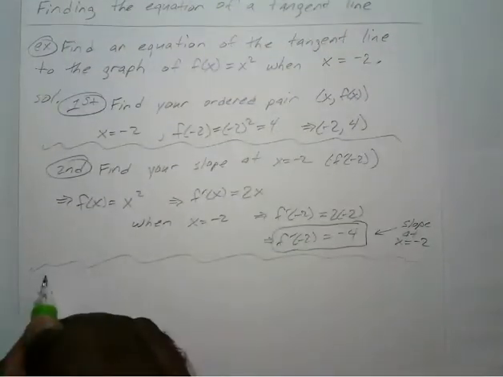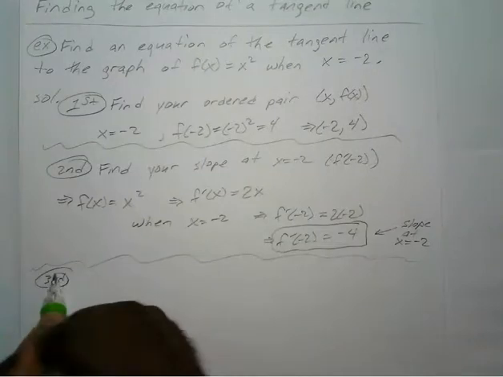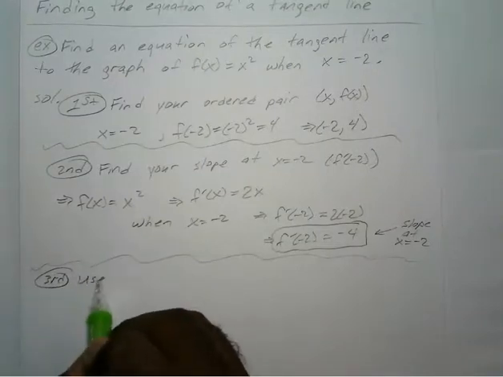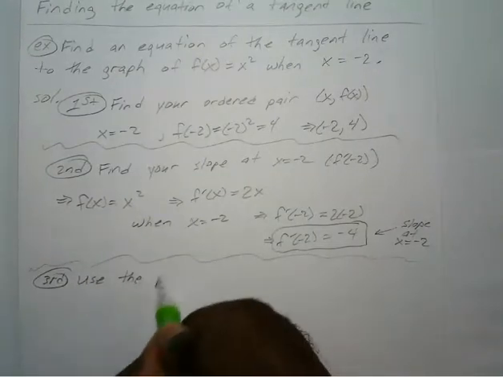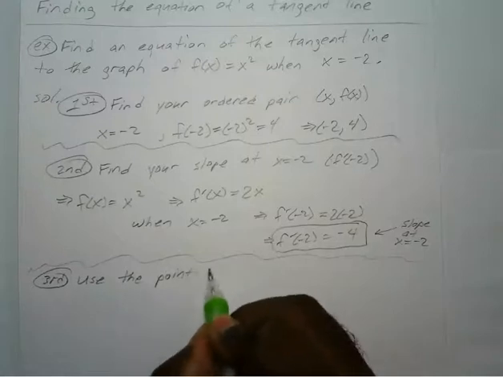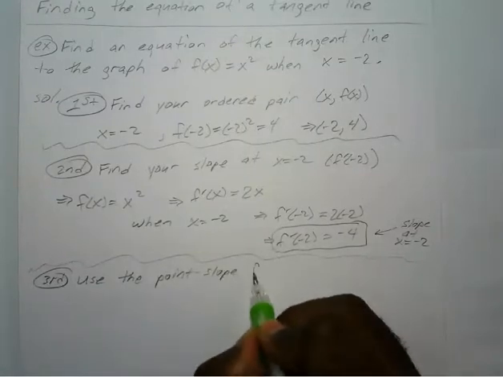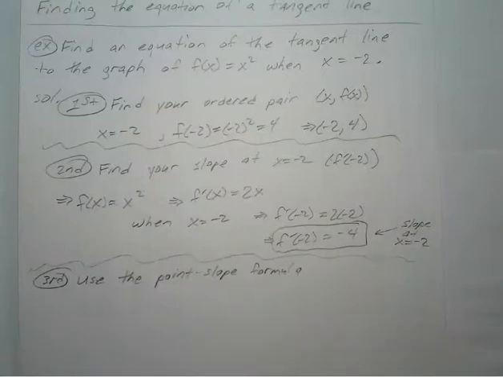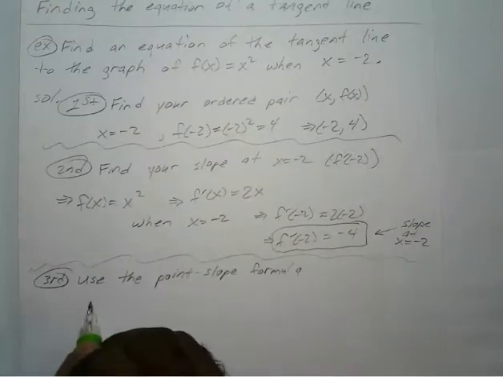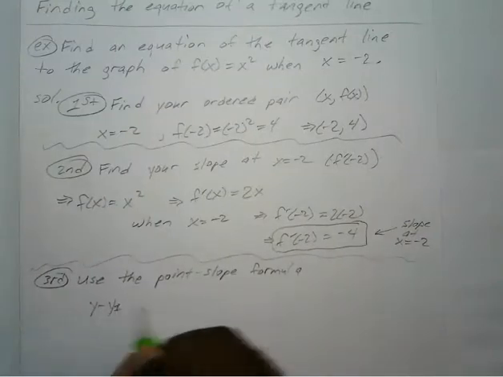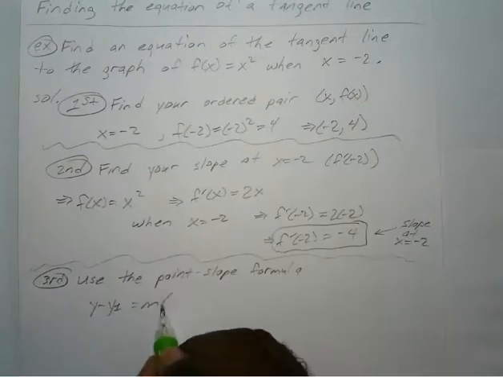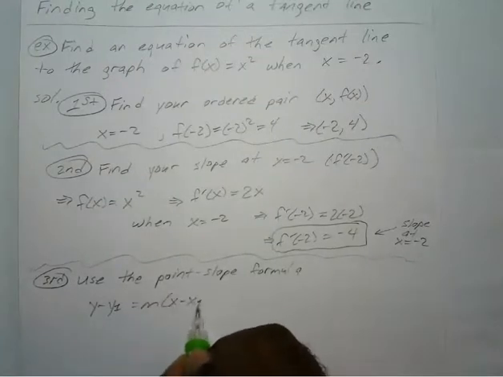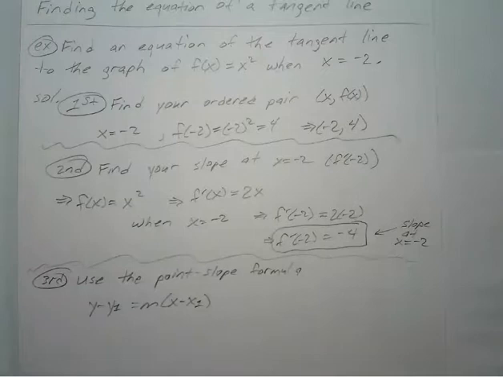Well, we go to our third step, where we use the point slope formula. And that's y minus y1 equals your slope times x minus x1.